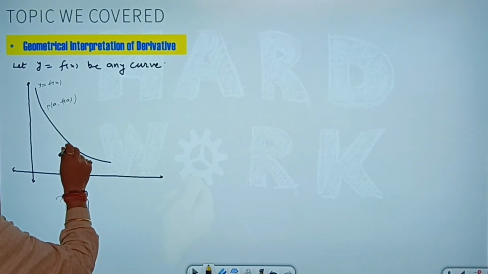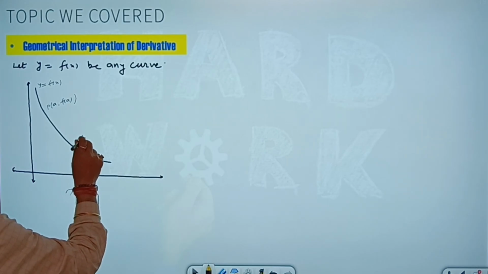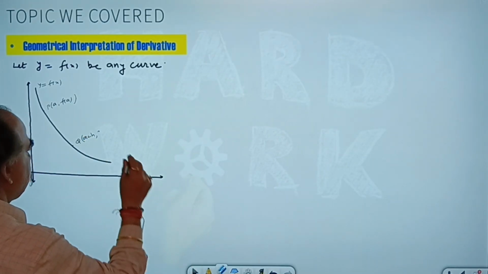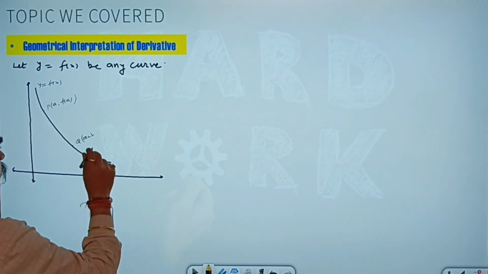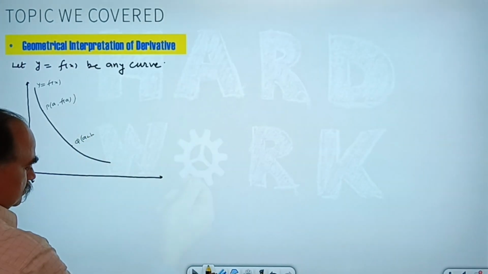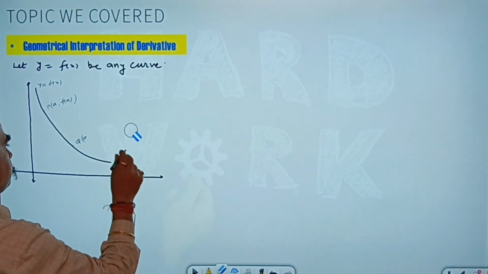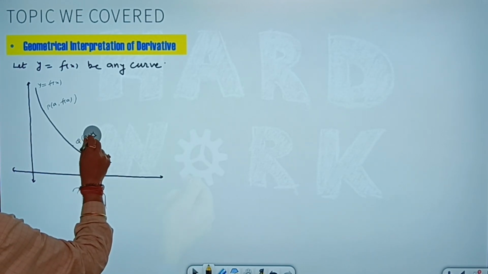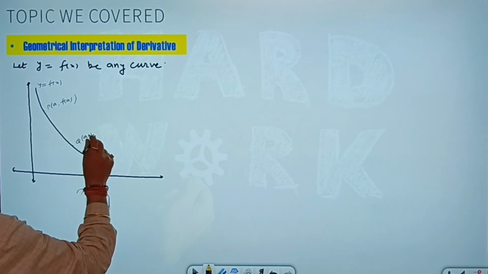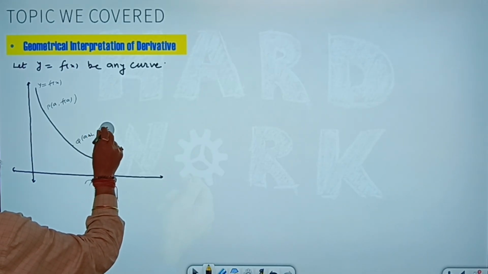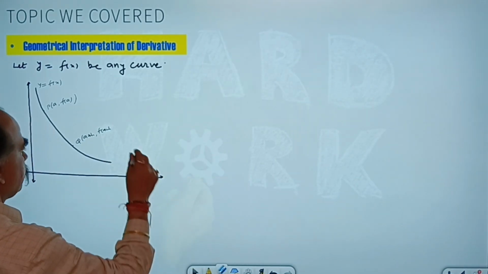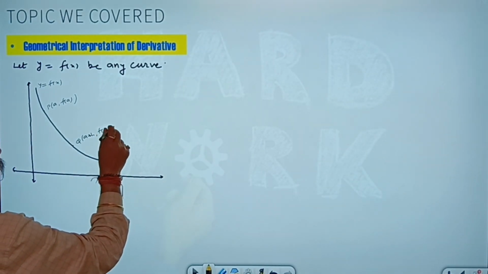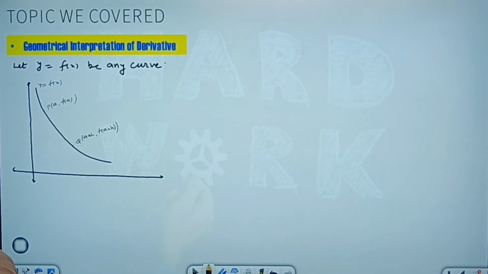And Q, after some time there is an increment in its x coordinate, Q is (a plus h, f(a plus h)), be two points on this curve.